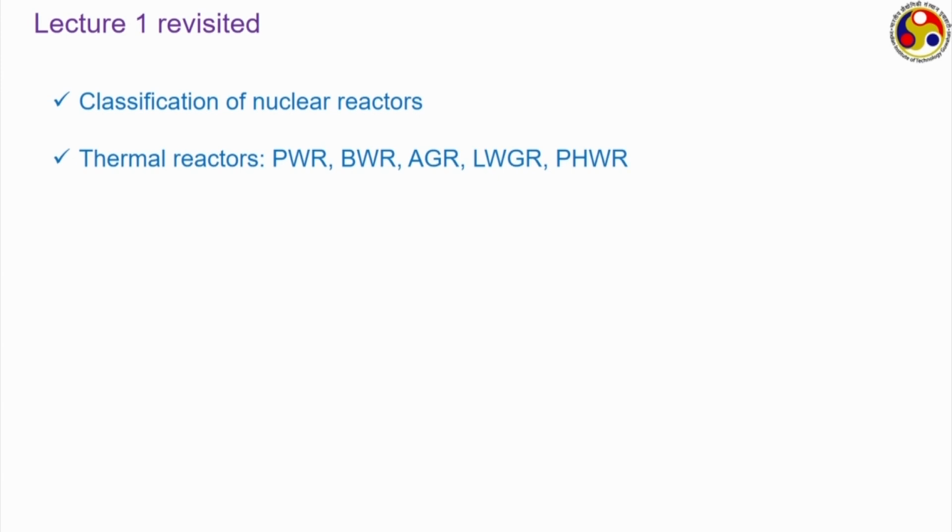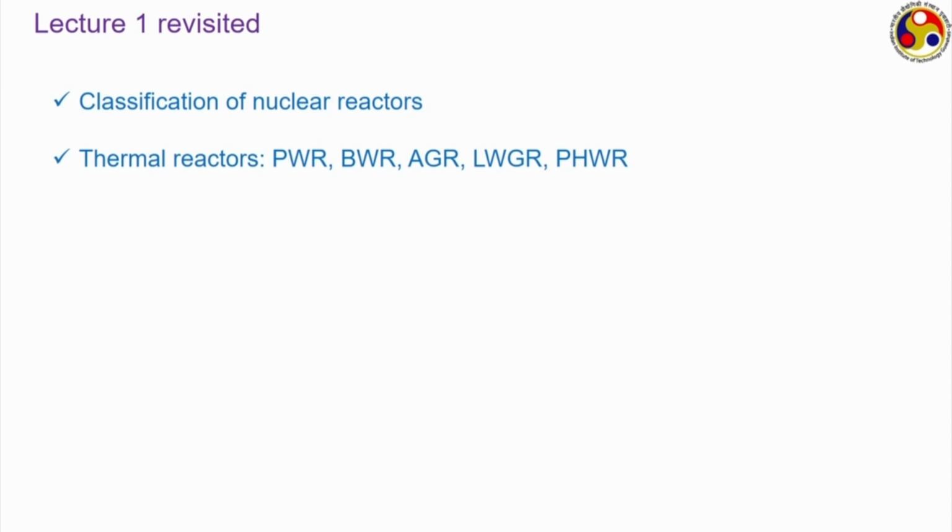We can have variations of this AGR, such as high temperature gas cooled reactors or the so-called RBMK designs, etc. Actually, RBMK is not a gas cooled reactor, but the high temperature gas cooled reactor uses helium as the working substance.